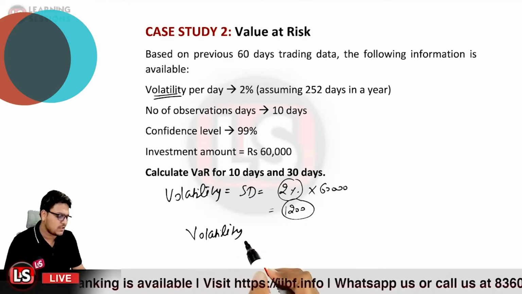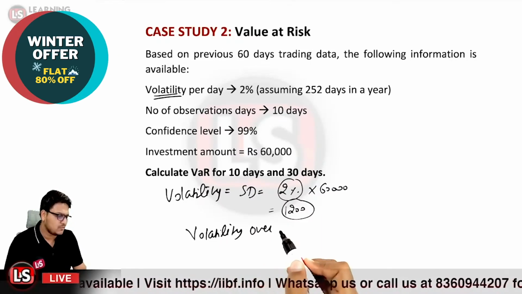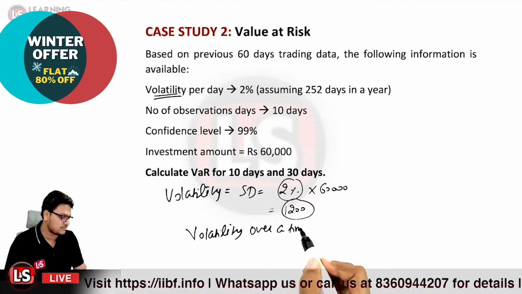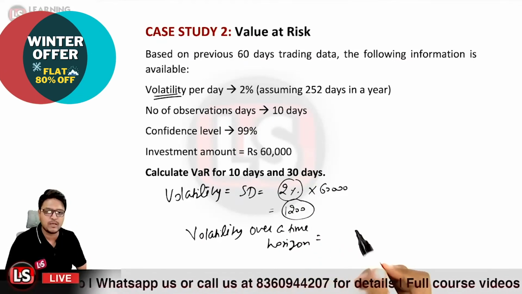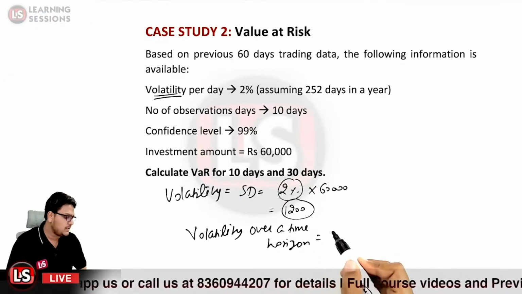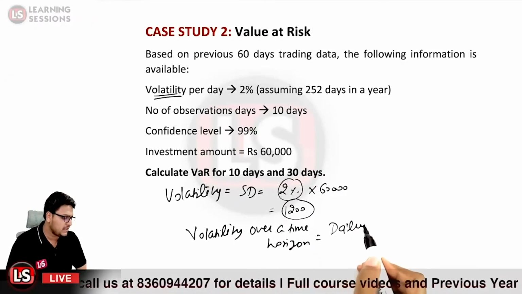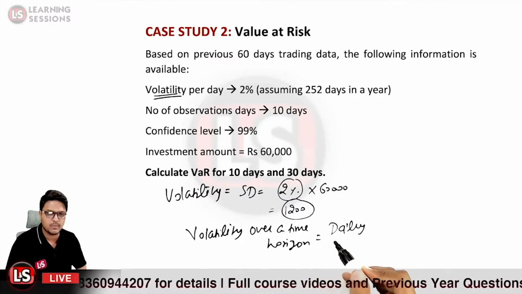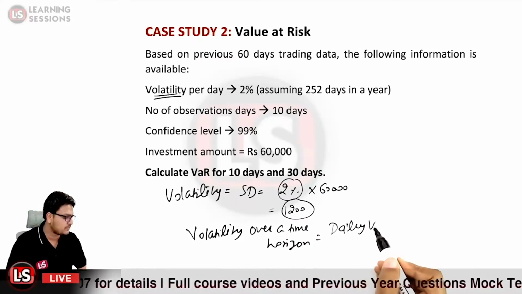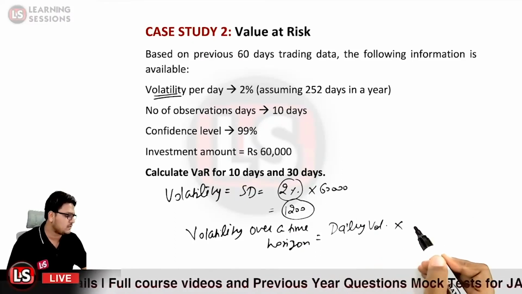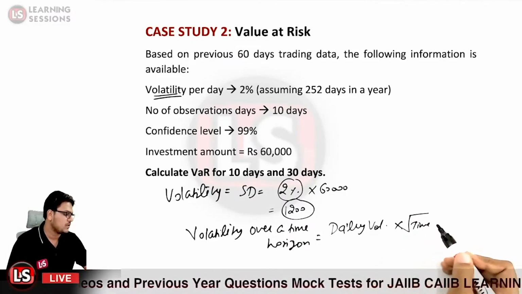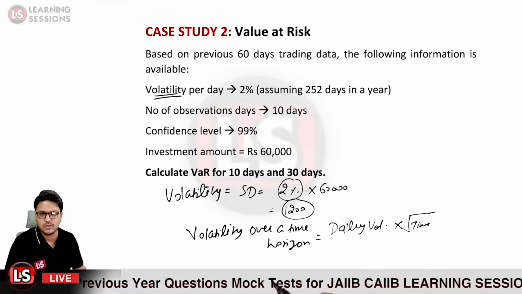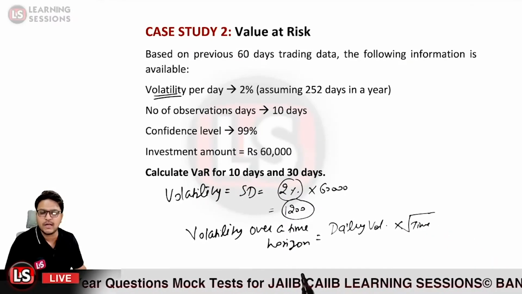The volatility over a time horizon will be equal to the daily volatility that we calculated above, that is 1200, multiplied by the square root of the time horizon for which we need to calculate the volatility itself.